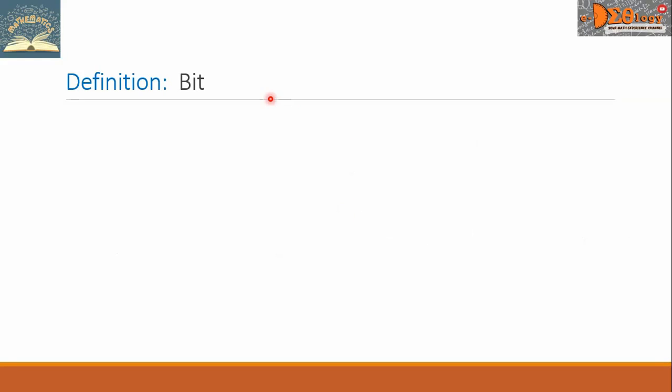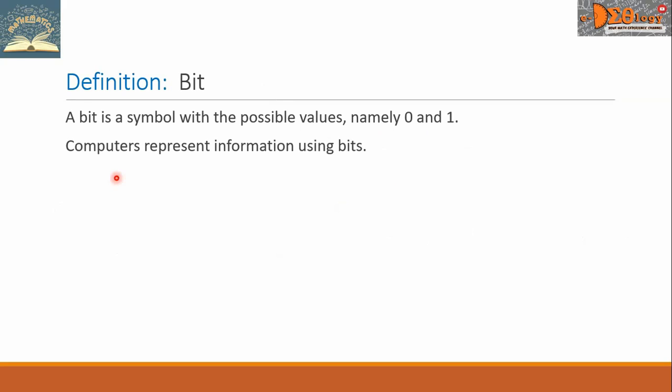Let's begin by defining bit. A bit is a symbol with the possible values, namely 0 and 1. Computers represent information using bits. A bit can be used to represent a truth value of a proposition.